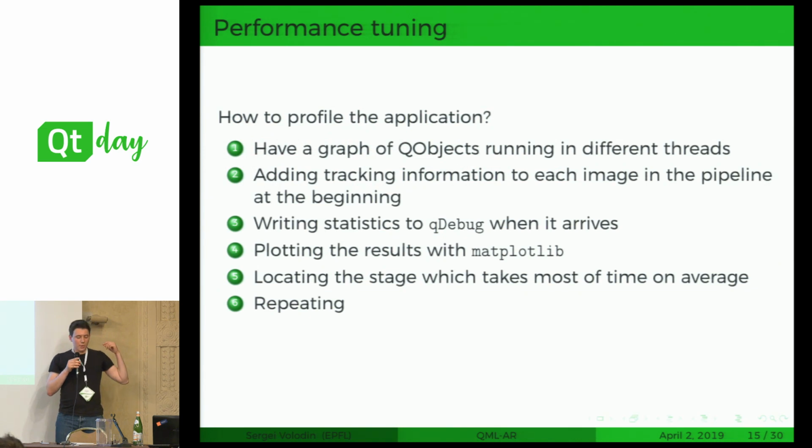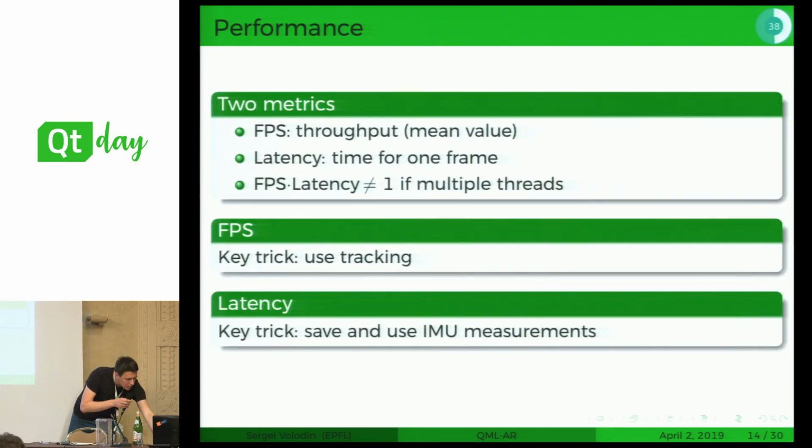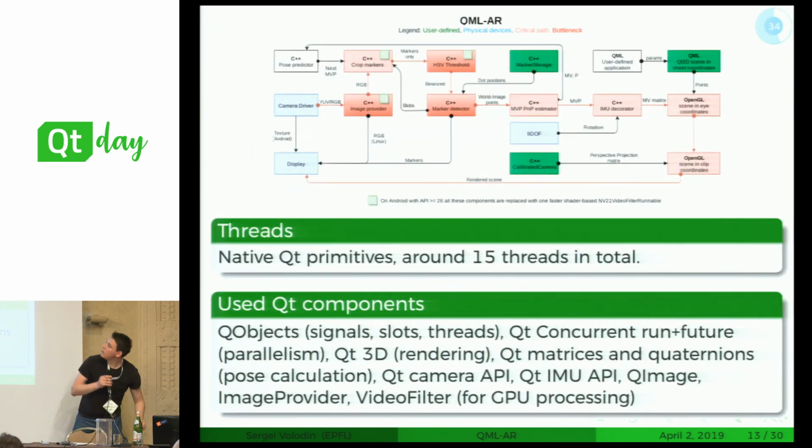Here, a slide about how to measure the things that I talked about, FPS and latency. We have this graph of key objects, and at the beginning we have a camera which generates images, and then the image travels through this graph of key objects that I had before.